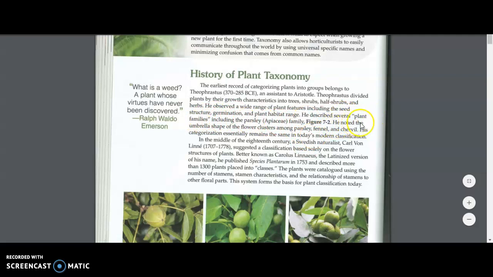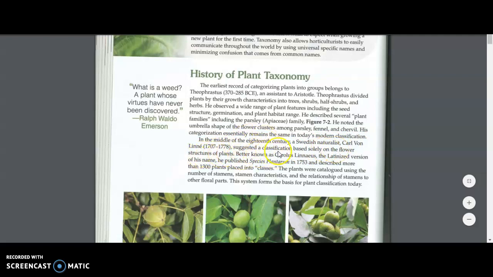He noted the umbrella shape of the flower clusters among parsley, fennel, and chervil. His categorization essentially remains the same in today's modern classification. In the middle of the 18th century, a Swedish naturalist, Carl von Linné, suggested a classification based solely on the flower structures of plants.